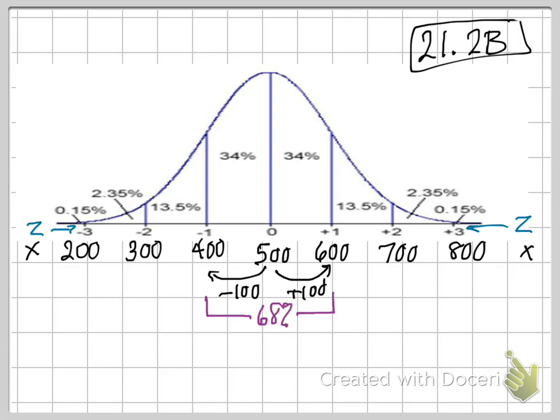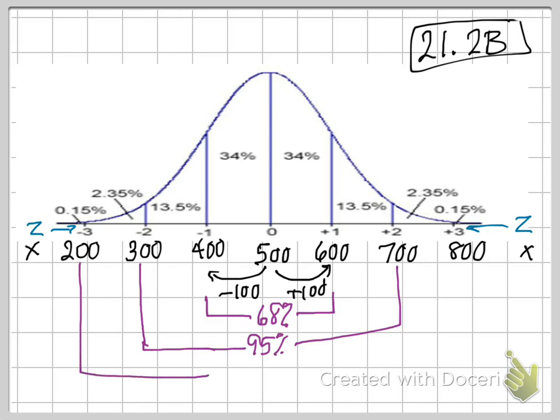Between negative 2 and positive 2, 95%. And between negative 3 and positive 3, 99.7%.